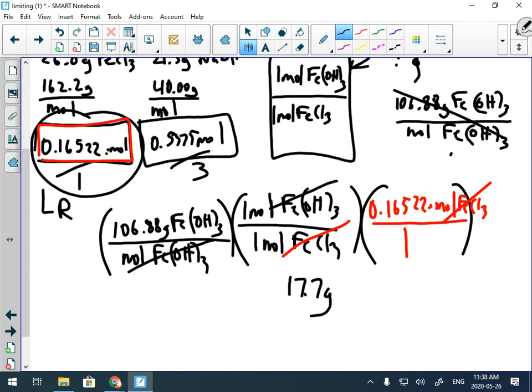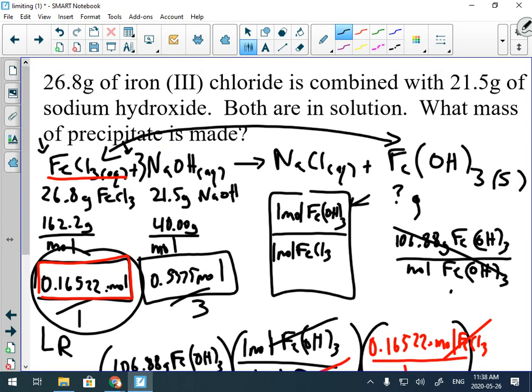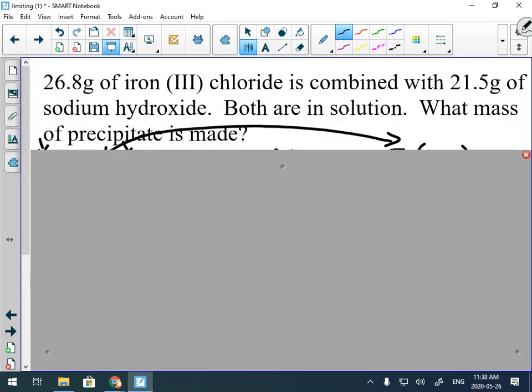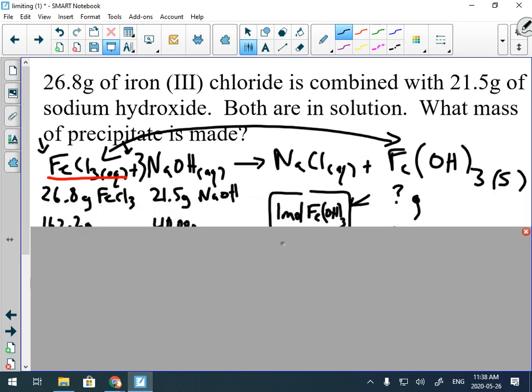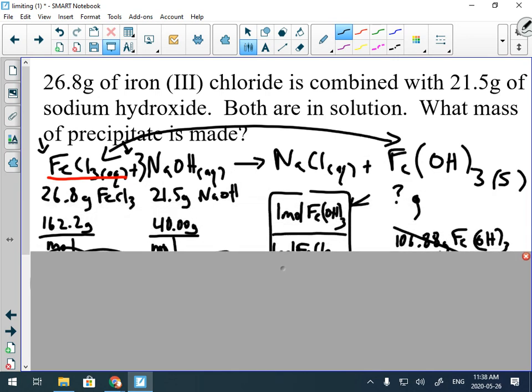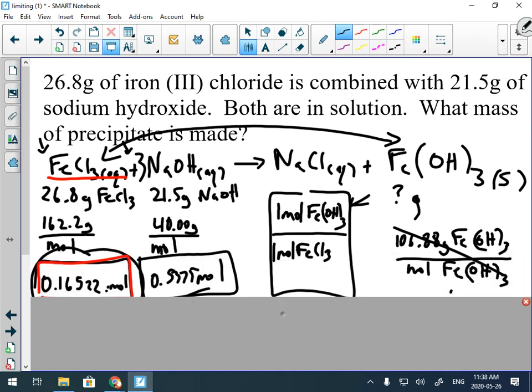Okay, perfect. All right, so let's recap. If you're given a question like this, the first step is write a reaction. The second step is figure out, if you're not given, the molar masses of the substances. The third step is to go mass divided by molar mass and get their moles. And then compare the moles equally by dividing them by the coefficient they're balanced for.